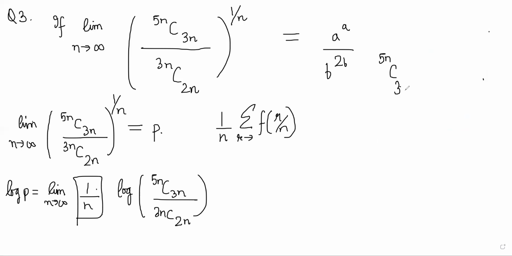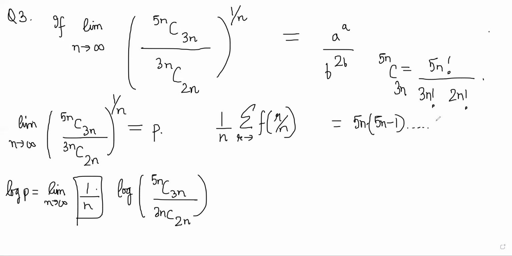5n C 3n. So 5n factorial by 3n factorial and 2n factorial. So 5n factorial will be 5n into 5n minus 1 and so on, till you come to the point where it is 5n minus 2n, that becomes 3n, right?